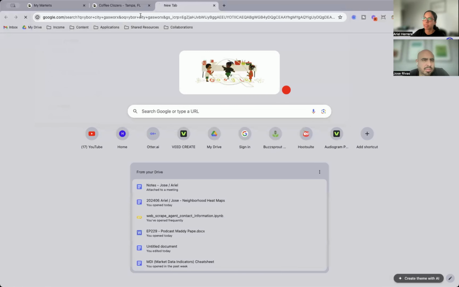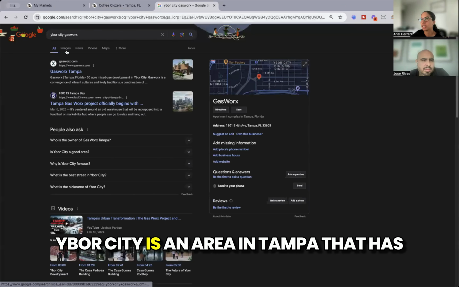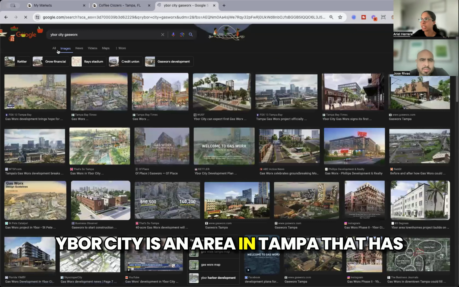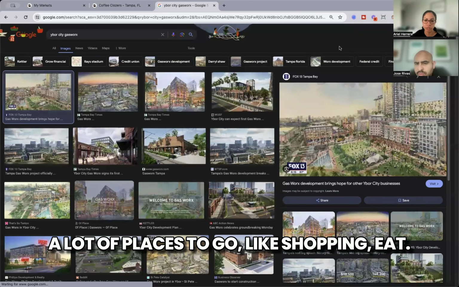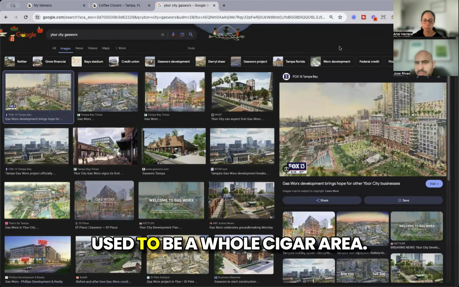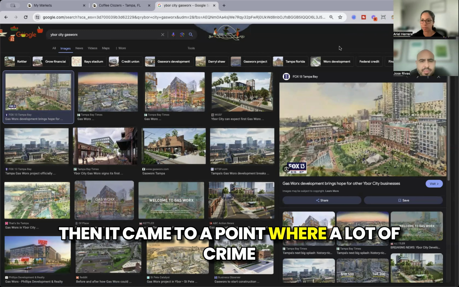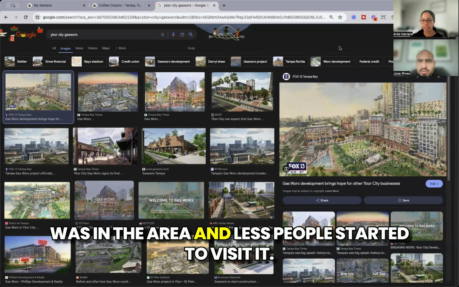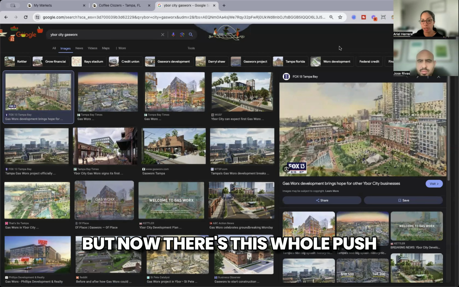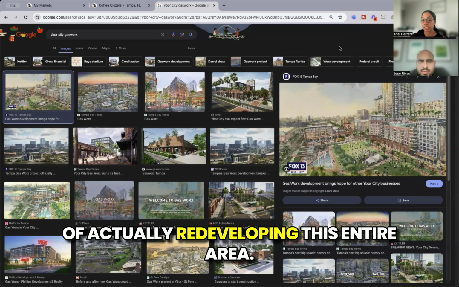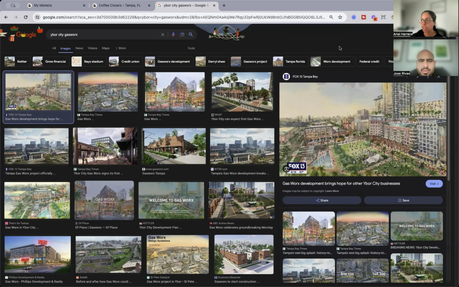Ybor City is an area in Tampa that has a lot of places to go, like shopping and eating. It used to be a whole cigar area. Then it came to a point where a lot of crime was in the area and fewer people started to visit it. Homes were a lot older and not getting repaired. But now there's this whole push of actually redeveloping this entire area.